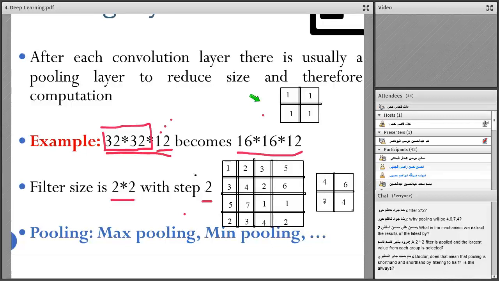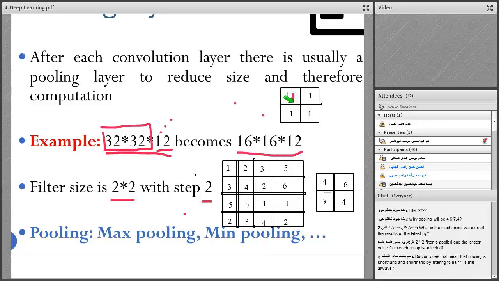Okay, and if you remember, in the convolution, we said that the center of the filter is moving in the input. But in the pooling layer, this point is moving in the filter.